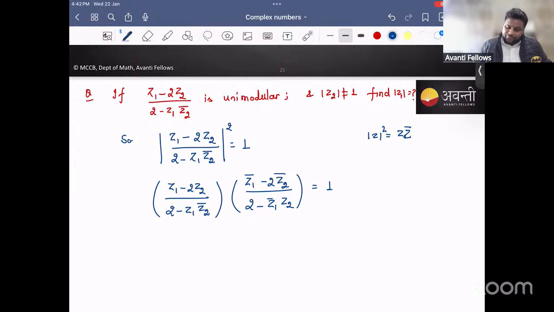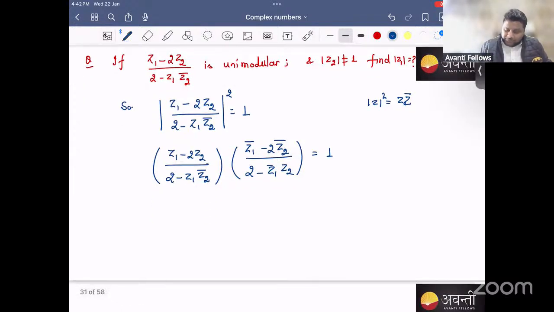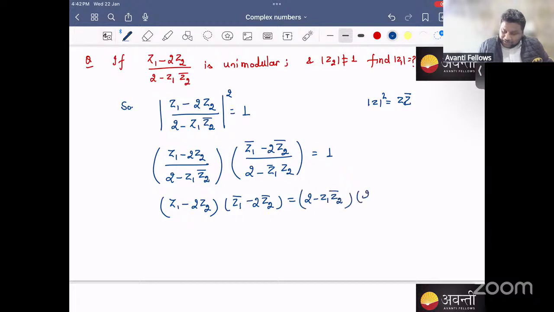Got it? Now let's cross multiply. So I will get (z1 minus 2z2)(z1 bar minus 2z2 bar) is equal to (2 minus z1 z2 bar)(2 minus z1 bar z2).